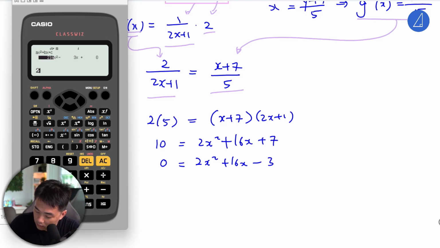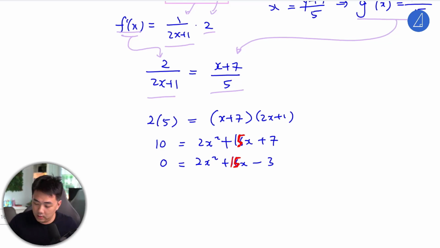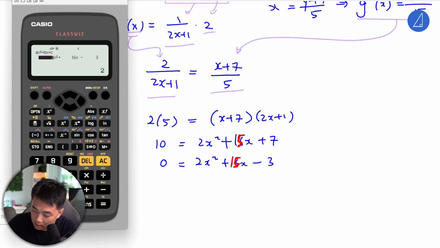So it's 2, 16, and negative 3. Do they need the exact value? I think there's a careless mistake here. This is 14, so this is 15. Alright, sorry, so 5x. There you go. Great, so what we're going to do is just key it in again.